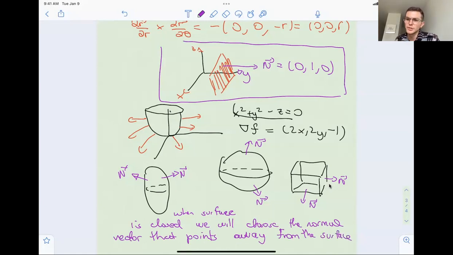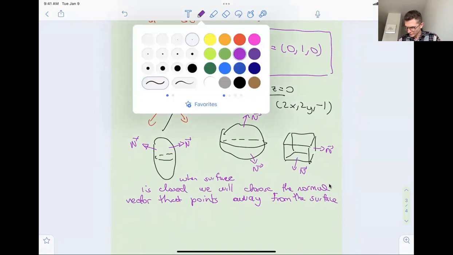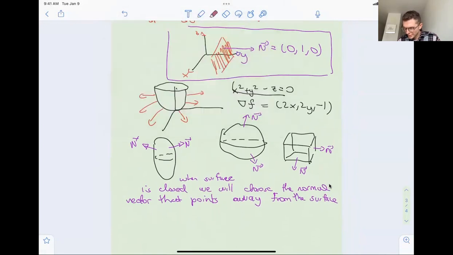But when it doesn't close up anything, then you have to say something about which one you want to use. So these were some interesting asides, but it is an aside. So let me just write it here like it's an aside.